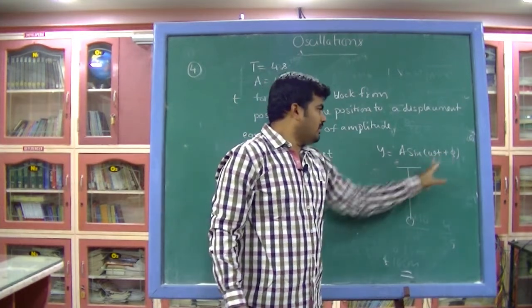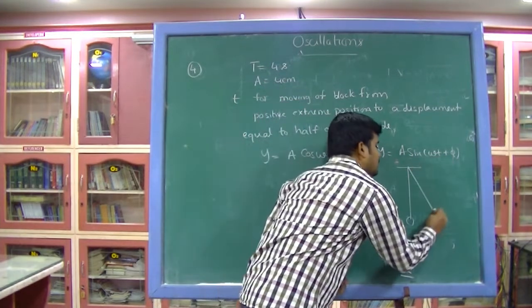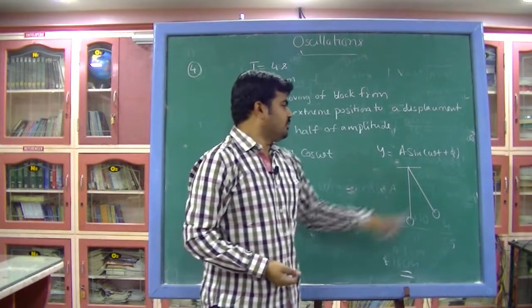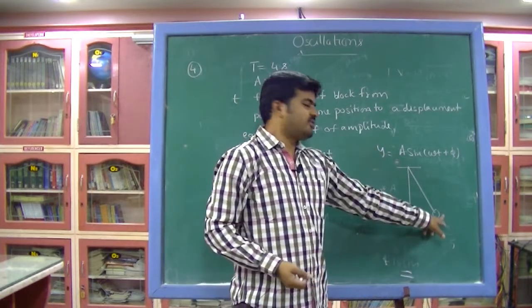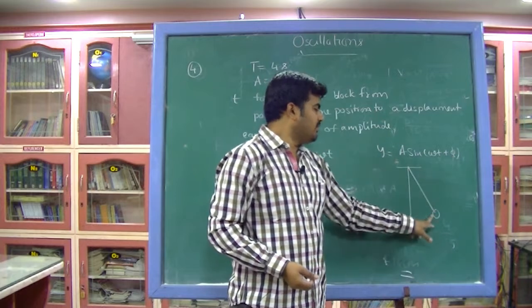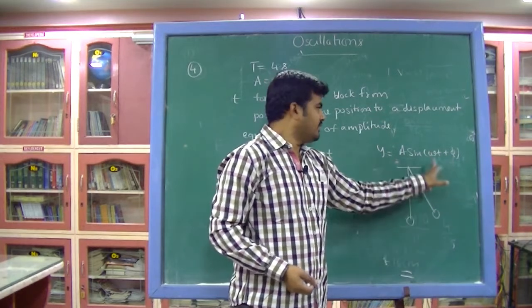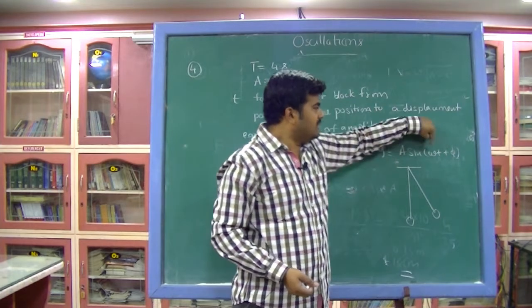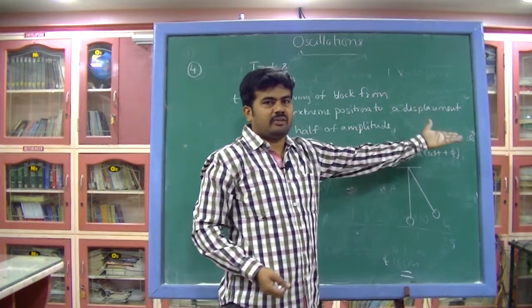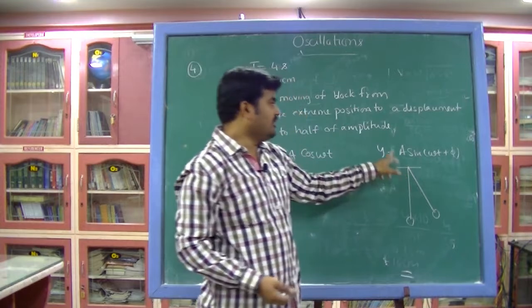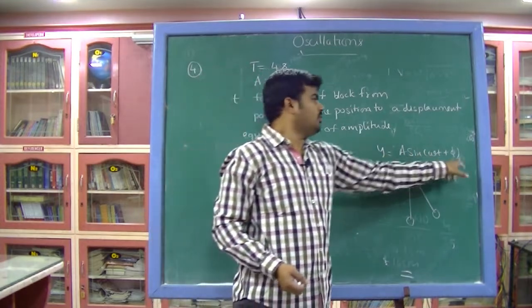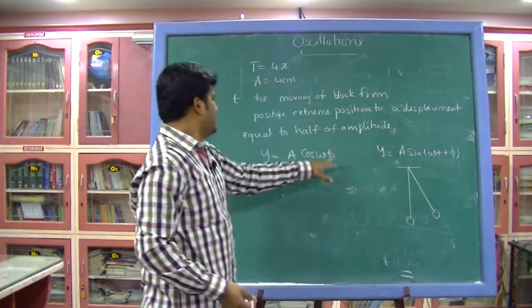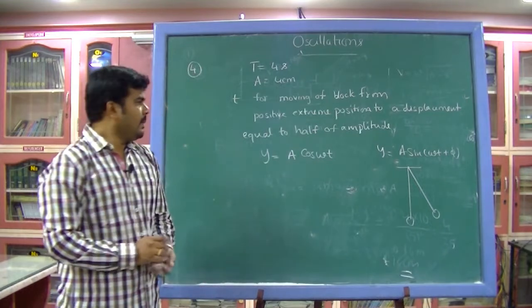But if you assume the particle started oscillating from extreme position, I have to take the initial phase as 90 degrees. So sin of omega t plus 90 is sin 90 plus theta, which gives cos theta. So I can write the equation as y is equal to A cos omega t.